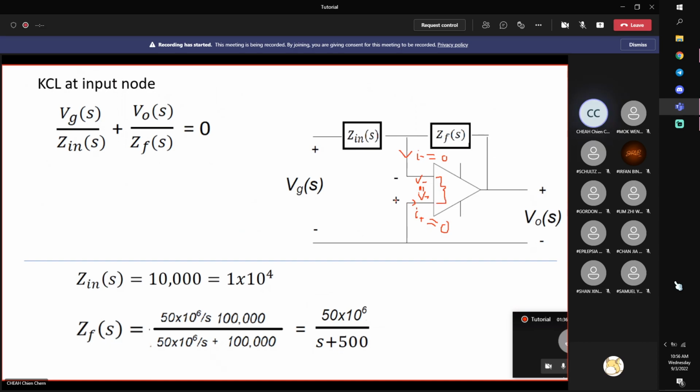Okay, this basically tells you that the current here is 0 and the node voltage here is also 0 because the positive terminal is connected to 0, ground. So if this is 0, then because V plus equals V minus, this is 0 volts, right?